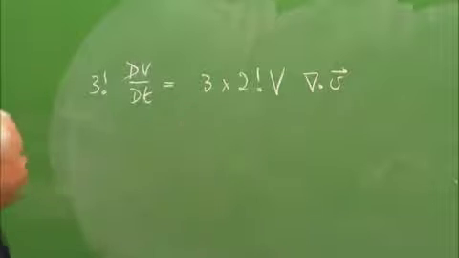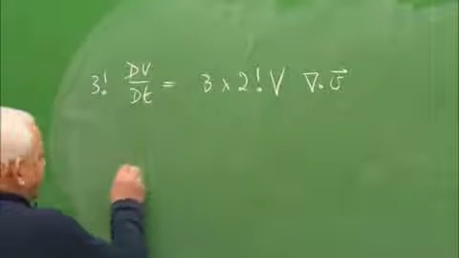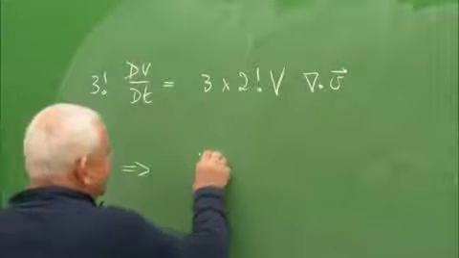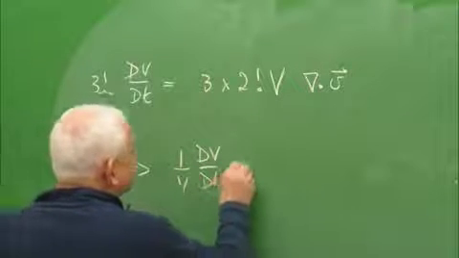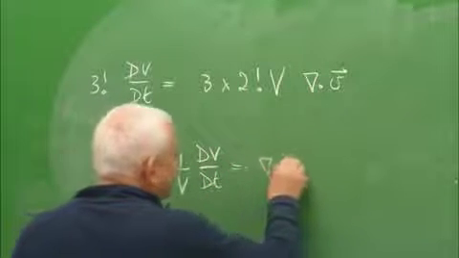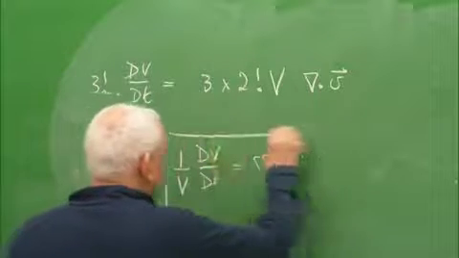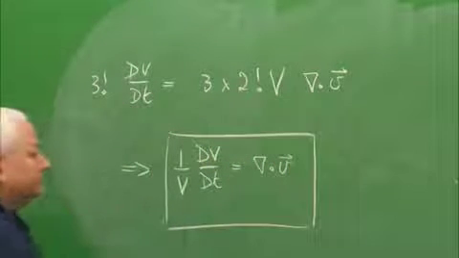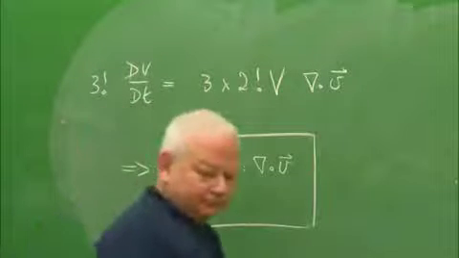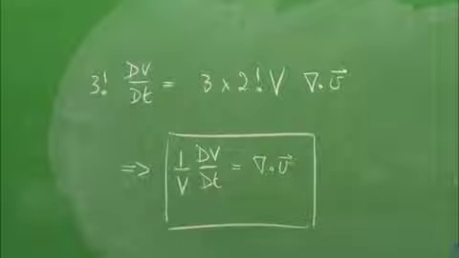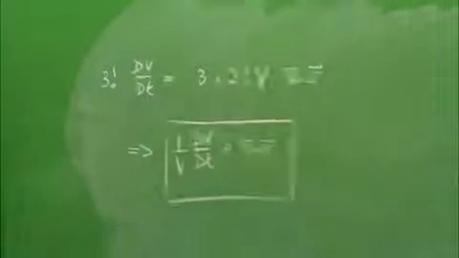Three times 2 factorial is 3 factorial. And so what this tells me now is that dV/dt times 1 over V is equal to the divergence of v. This is the origin of the definition of the divergence of a vector field.